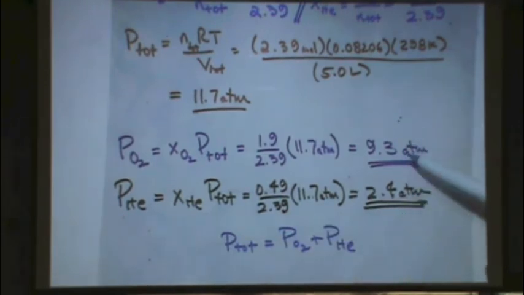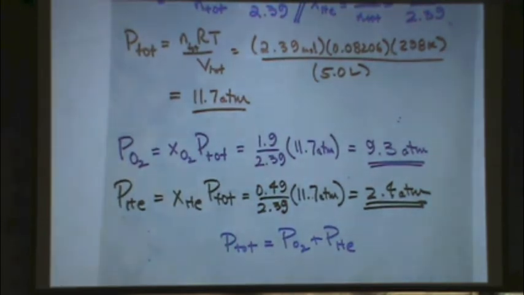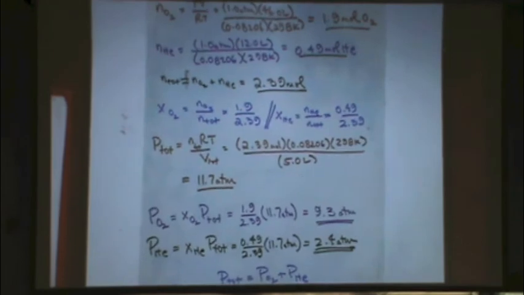So notice these two numbers add up to 11.7. So instead of doing the second calculation, you could have said 11.7 minus 9.3, that's 2.4. So that would have been an alternate way of doing the second calculation. And totally acceptable. Okay. Any questions on this problem?